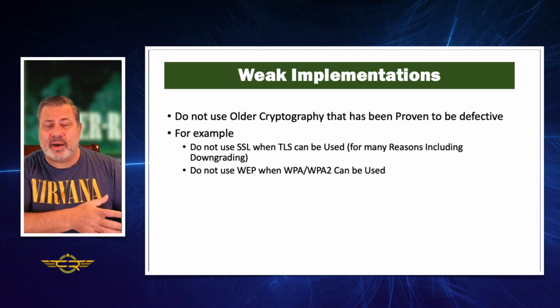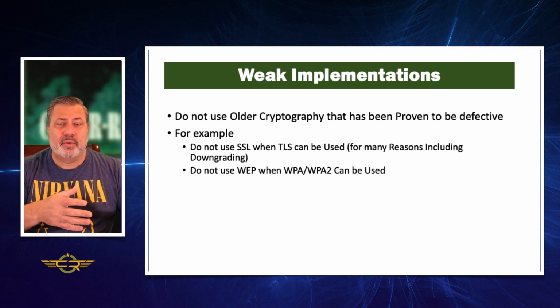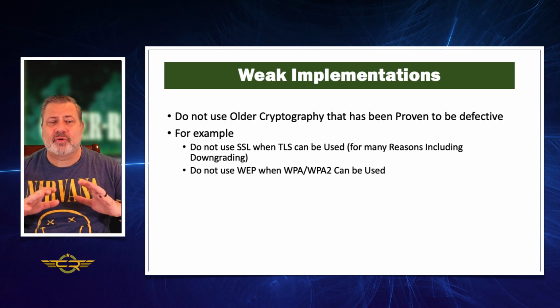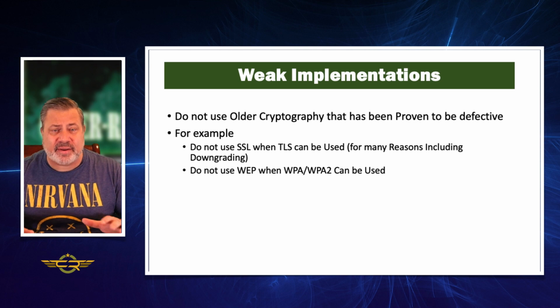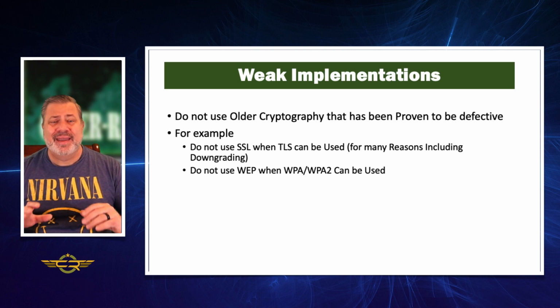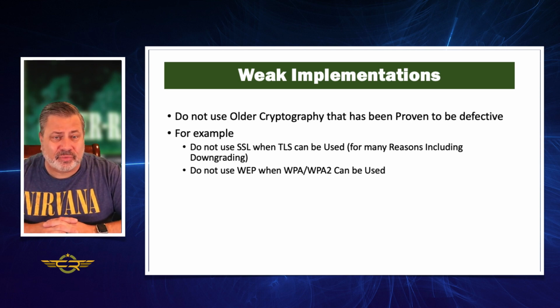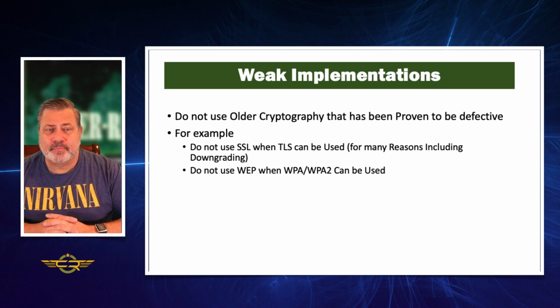Again, on the wireless side, maybe using WEP, or Wired Equivalent Privacy. That's outdated as well. The encryption is bad in WEP. Don't use WEP. WPA, WPA2 is built into every Wi-Fi station and access point that's out there today. If you're using something that doesn't have WPA or WPA2, you need to upgrade.